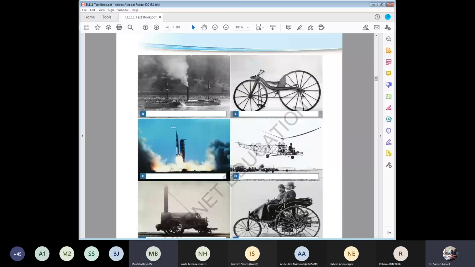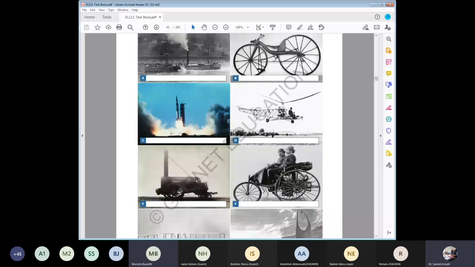Yeah, very good. And which of them is the least expensive? Bicycle. Absolutely. The bicycle is the least expensive. Yes, that's correct.